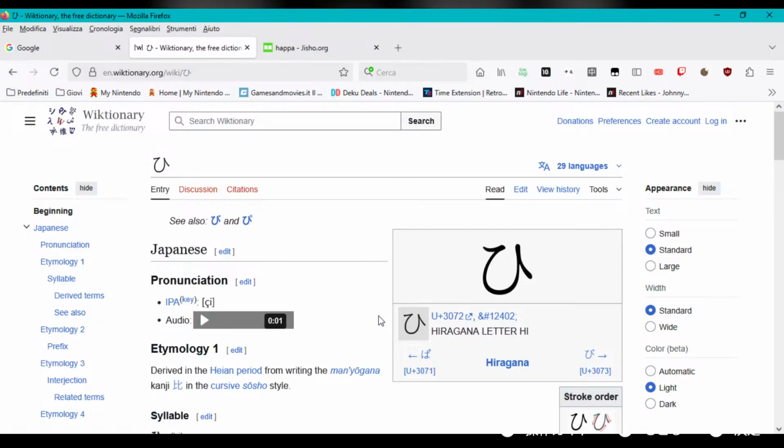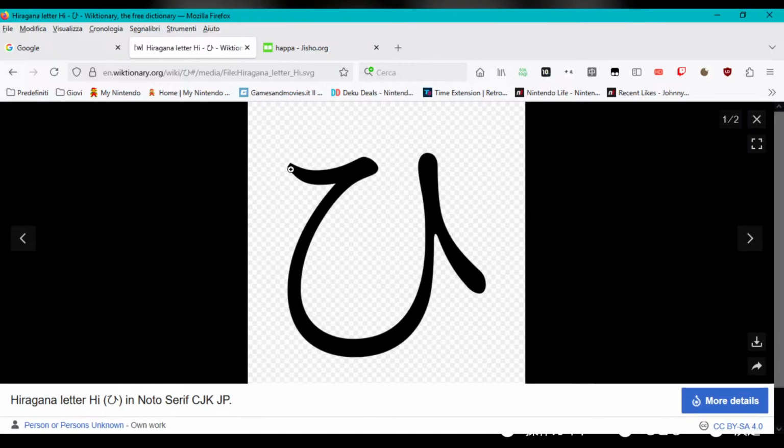In this case, it becomes the sound he, which is the H found in ich in German. He. And so, yeah, we can see it here from left to right.